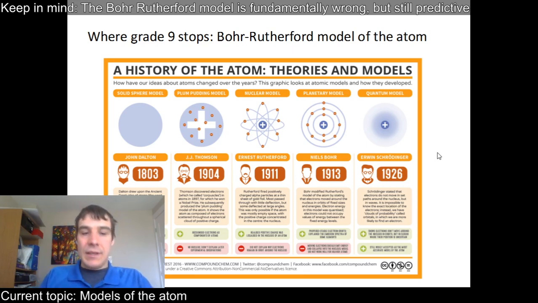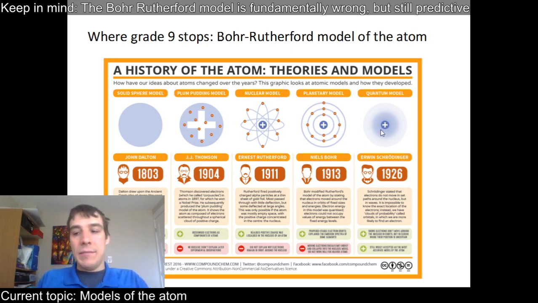So each one had some kind of predictive power. Each one has more predictive power. We're going to top out at the Bohr-Rutherford models. We're going to stop here. This is grade 12 concept type stuff, the quantum model of the atom. But we stop here because it's predictive for most chemical reactions.